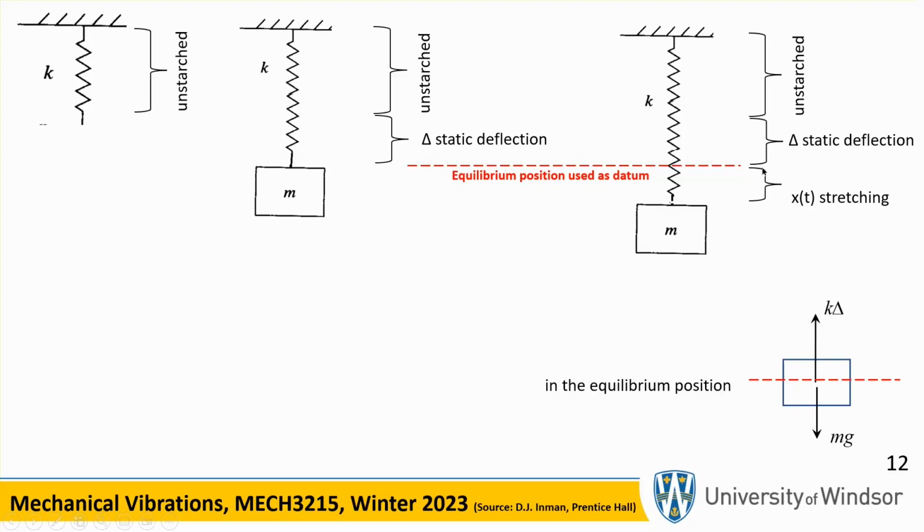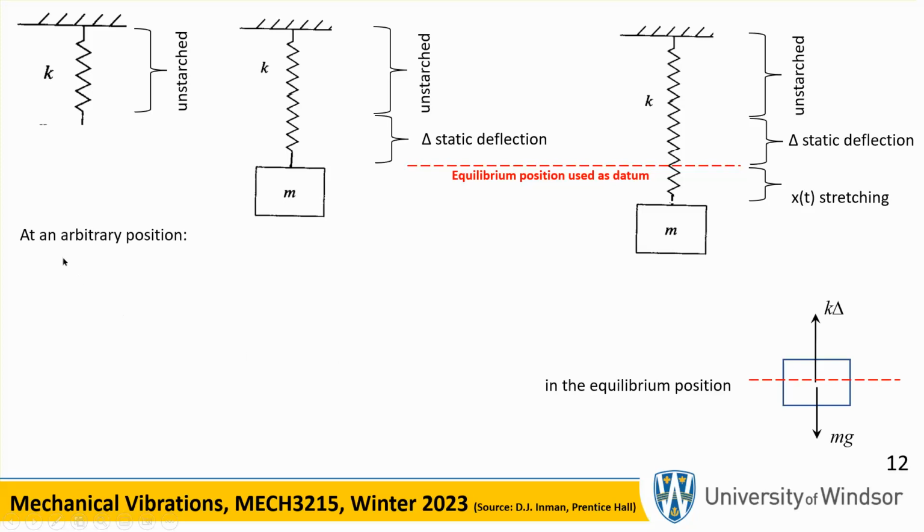If I move the mass below this red line by x of t, and let it go, it's obvious what's going to happen. It's going to oscillate up and down about that red line. By the way, the configuration in the middle here is redrawn at the bottom right corner. The weight of the block and the spring force, which is k delta, are equal to each other. We know that in the equilibrium position.